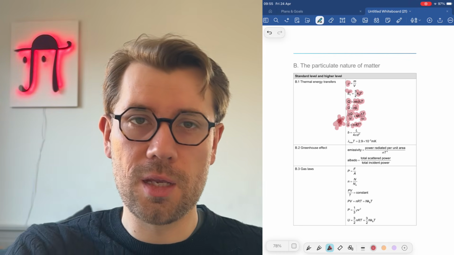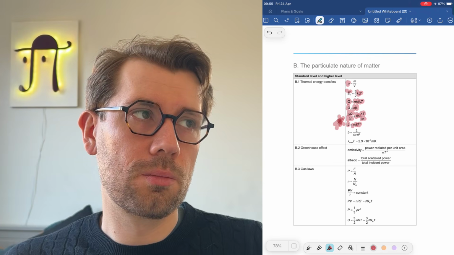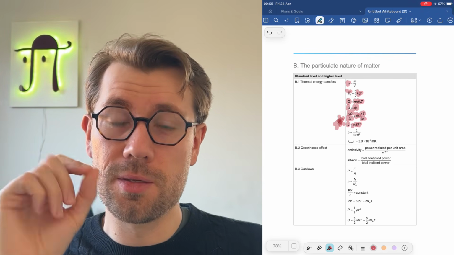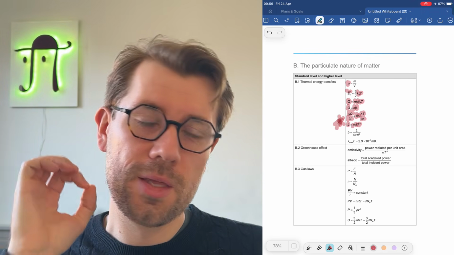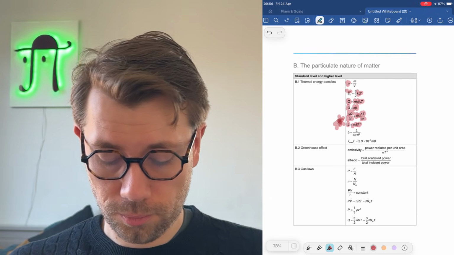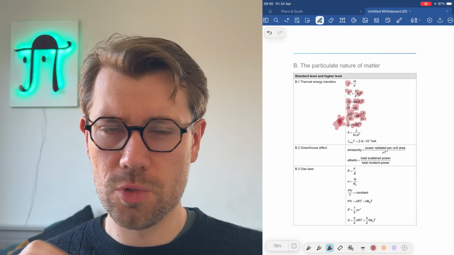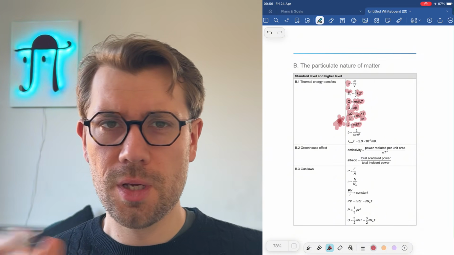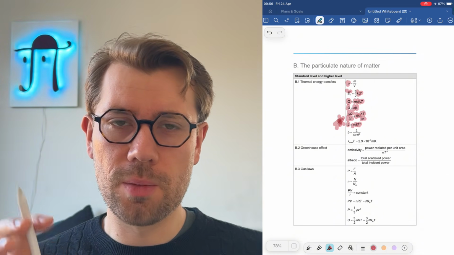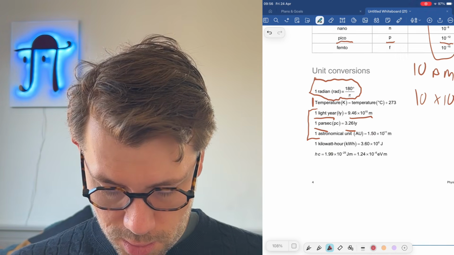Kelvin starts at 0, and Celsius starts at -273. Anyway, there's a conversion in your formula booklet, right here.